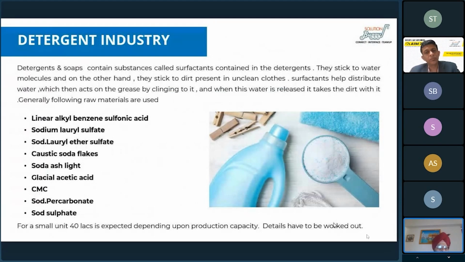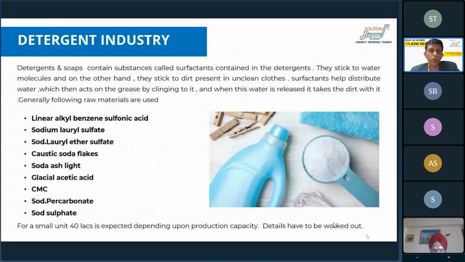Carboxymethyl cellulose gives it body, and other substances are added so that the detergents work properly in removing dirt from the clothes. For a small unit, about 40 lakhs is expected. Depending upon the production capacity, details have to be worked out.